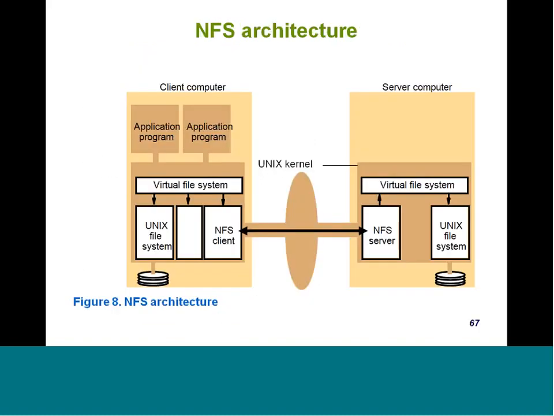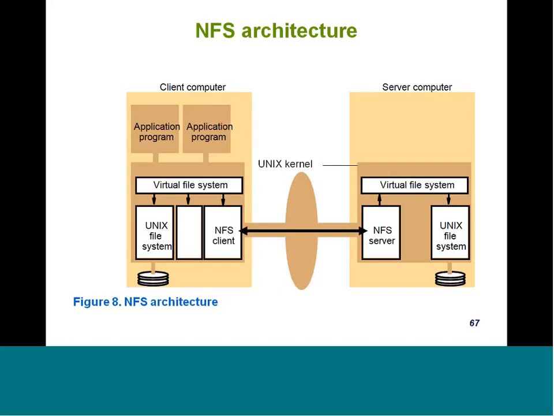Then we looked at the NFS file system itself. The architecture is fairly simple. It uses a stateless model for the server. All the information about particular files is stored on the client side. The client has this NFS client. The application program accesses the file just like a local file through a virtual file system.